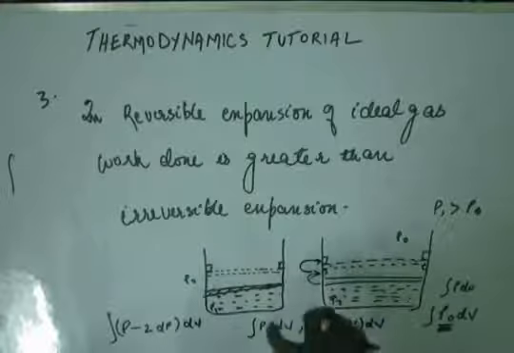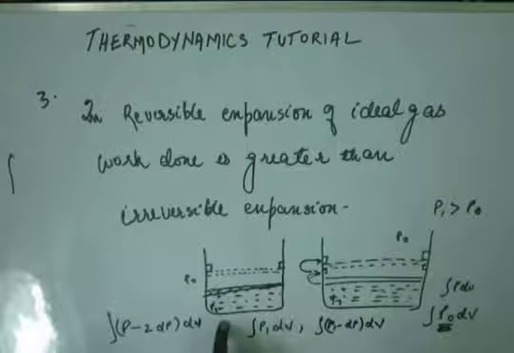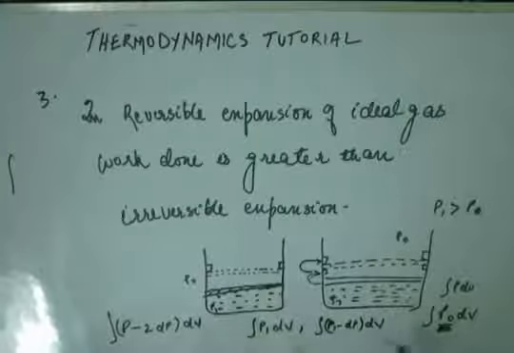So in 2 steps it would have gone to the final position. That would have been a 2-step irreversible process. Now we have seen the case of the single step irreversible process. The bottom line is that the work done by the gas in reversible expansion is greater than the work done by the gas in irreversible expansion.